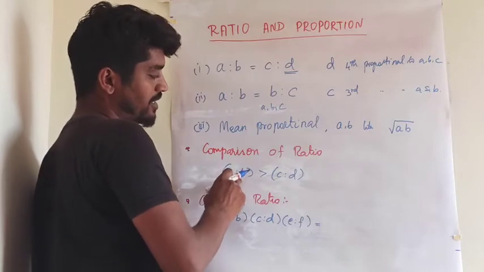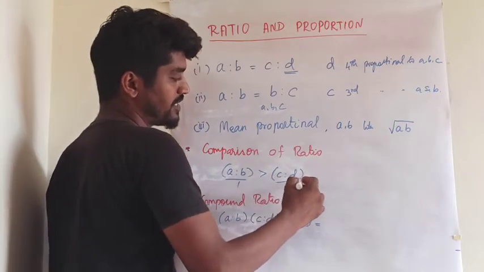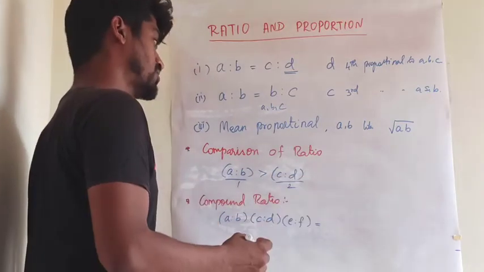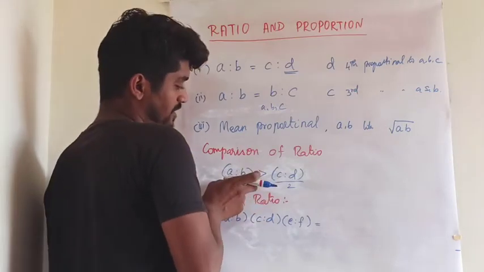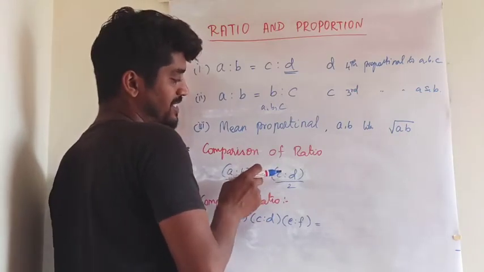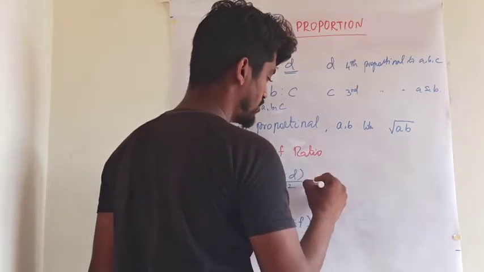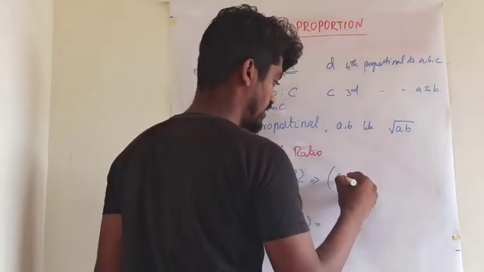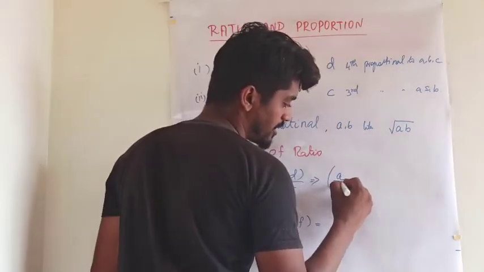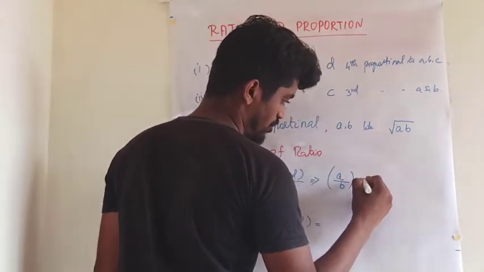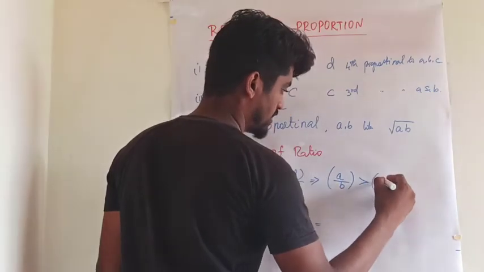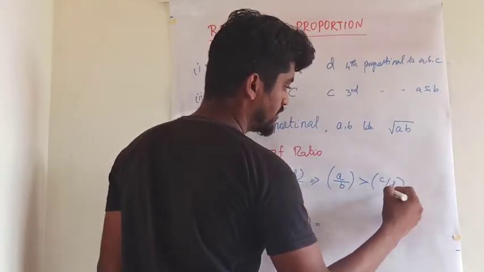A is to B is the first ratio and C is to D is the second ratio. If the first ratio A is to B is greater than the ratio C is to D, we write A by B is greater than C by D.